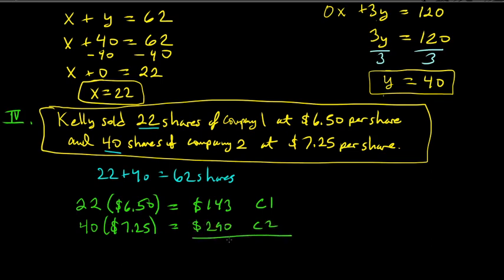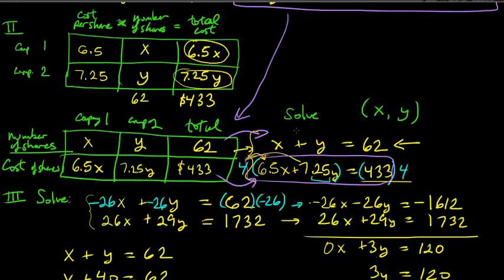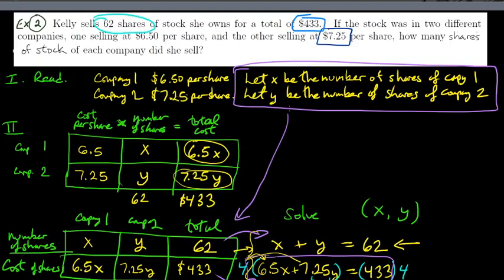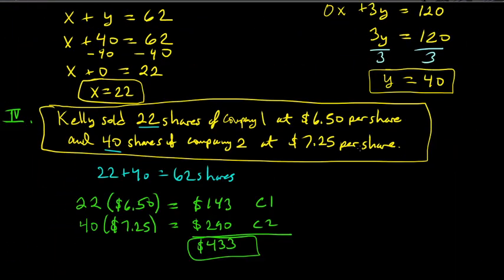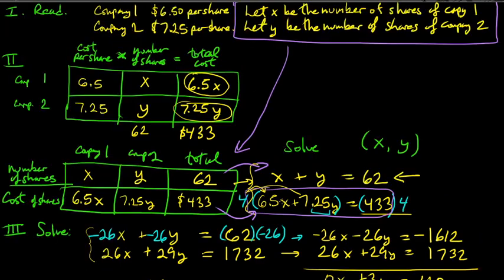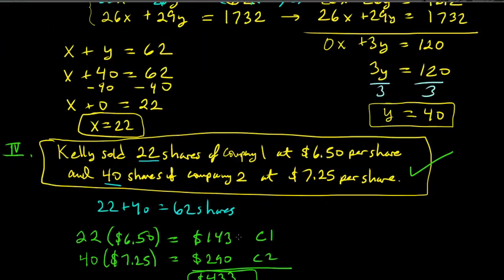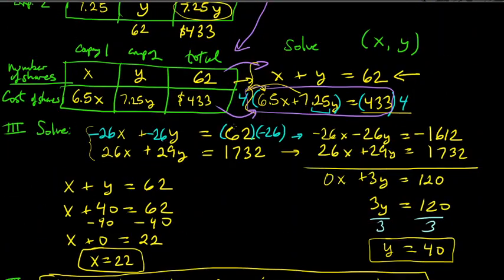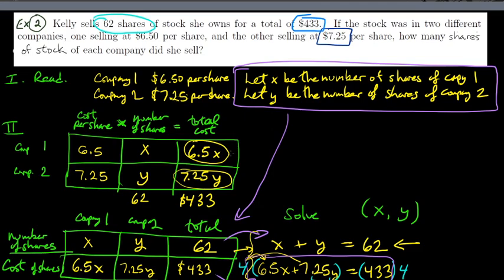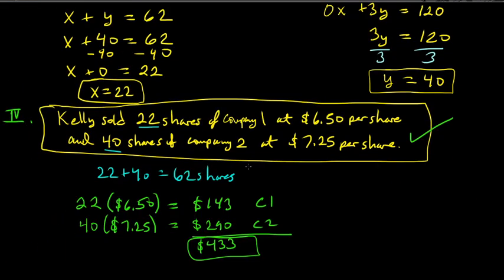So the total we got was, yep, $433 for both sets of shares, for both companies. Okay, so looks like it's correct. We checked it. Yeah, so I think I forgot to check the first example, but at least I did it here. So maybe go back to example 1 and make sure it's correct.